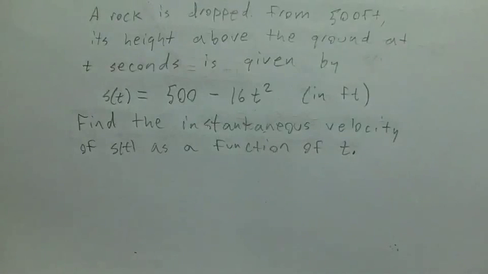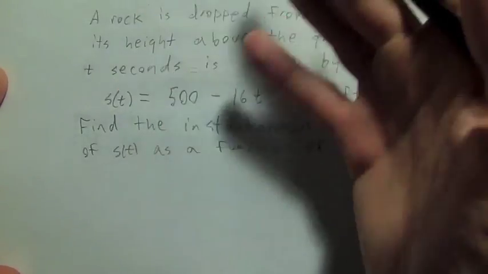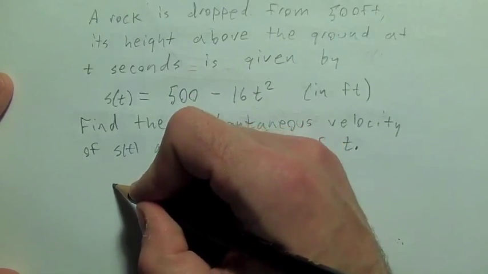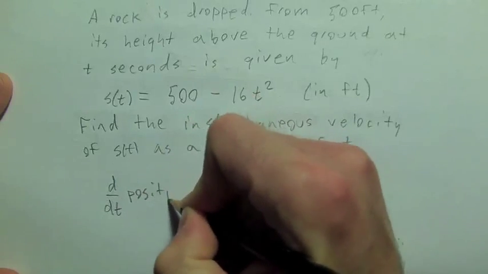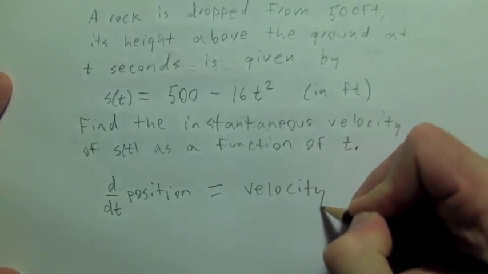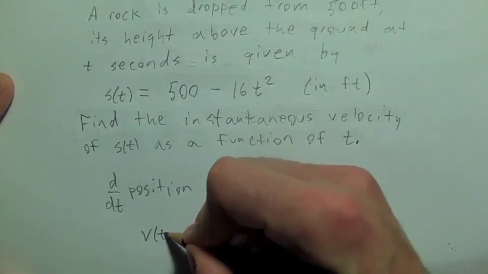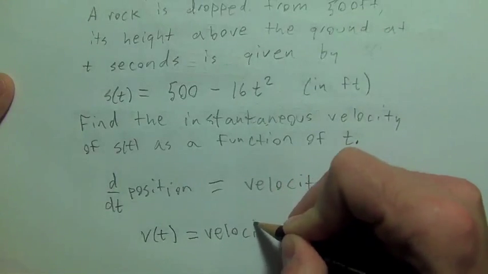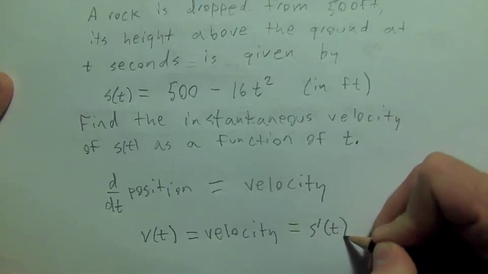The interesting thing about how derivatives work is, remember, the derivative of the position is going to be the velocity. In other words, if I made a function v of t that I want to be my velocity function, all I've got to do is take the derivative of the position, which is s of t.